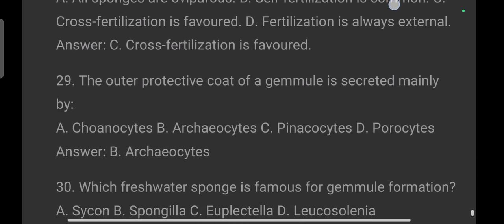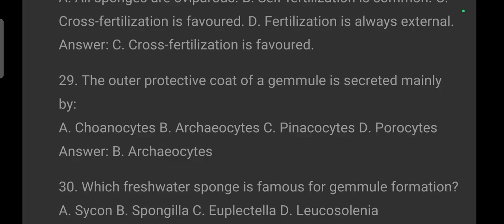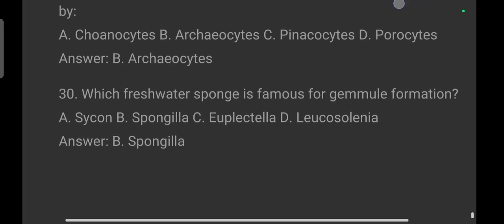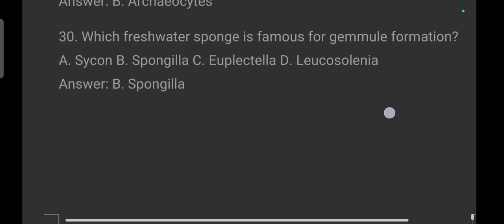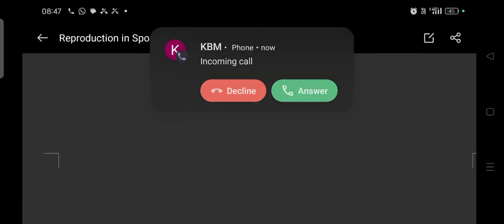The outer protective coat of gemmule is secreted mainly by choanocyte, archaeocyte, pinacocyte, porocyte. Answer is archaeocyte. Which freshwater sponge is famous for gemmule formation? Scypha, Spongilla, Euplectella, Leucosolenia. Answer is Spongilla. Thank you.